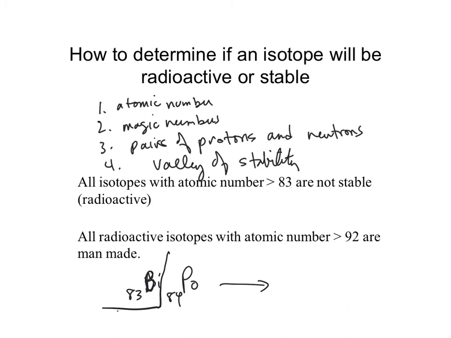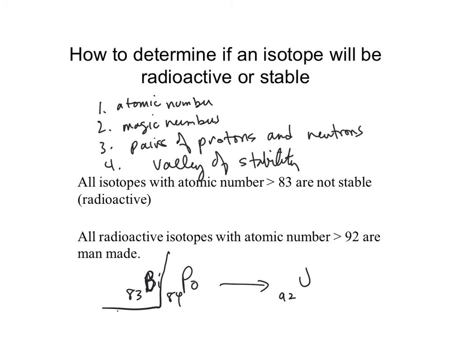Okay, so there's that. And then when you get further into the periodic table, from 84 to 92, which is uranium, these are radioactive elements that are found in nature. And every isotope of these elements is radioactive.